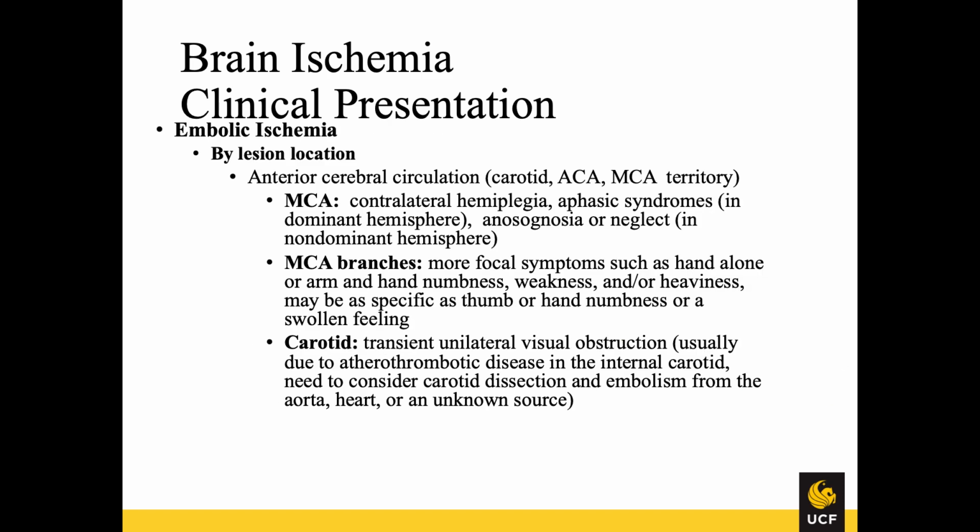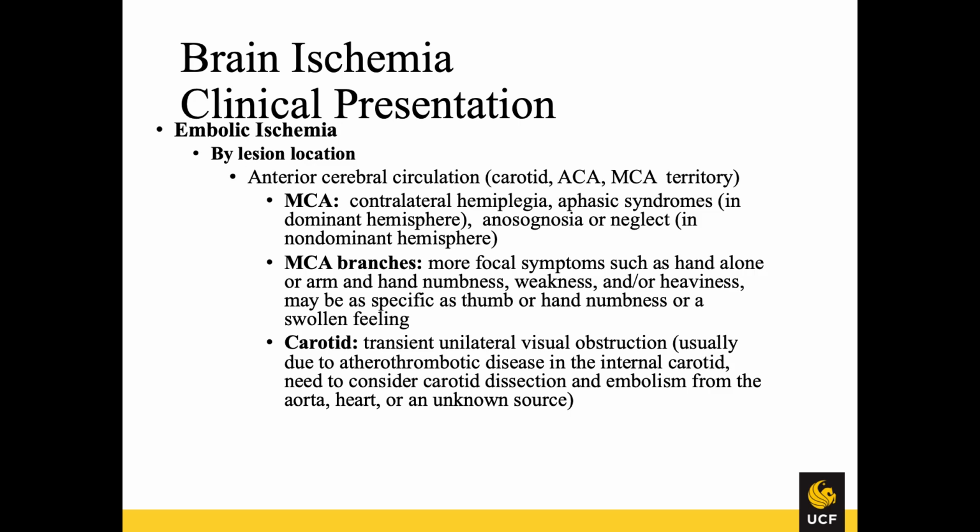Okay. So looking at ischemic events that result from emboli, we can break it down to anterior cerebral circulation, where we can look at the MCA. We'll see contralateral hemiplegia, aphasic syndromes in the dominant hemisphere, agnosia or neglect in the non-dominant hemisphere.